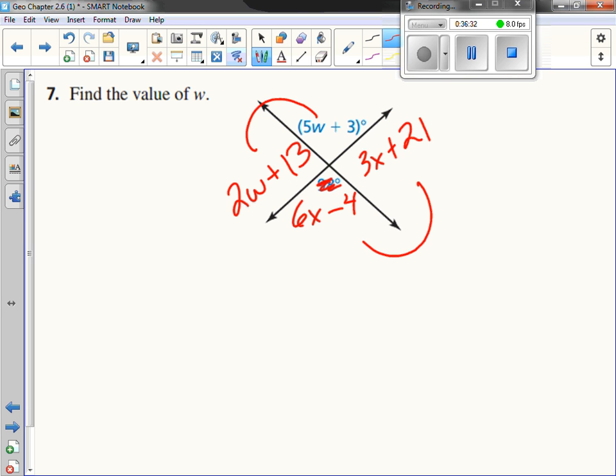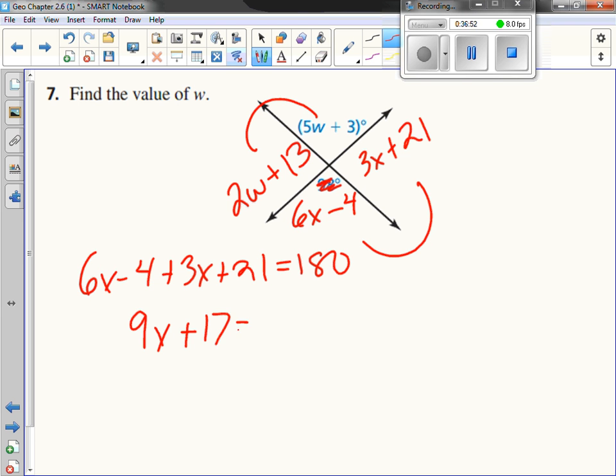So if I wanted to solve this one here, I would set 6x minus 4 plus 3x plus 21 equal to 180, because I know two angles that make a straight line add together to be 180. If I set it equal to 360, I have an equation with two variables. We can't solve an equation with two variables. But here, when I do 180, I only have one variable.